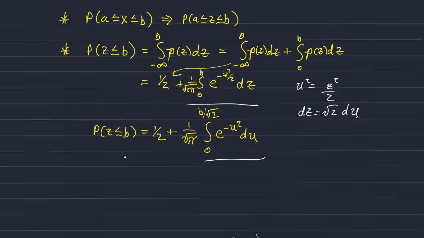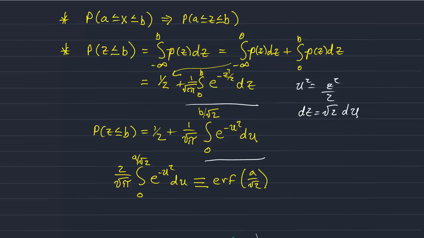It actually calculates this: 2 over the square root of pi times the integral from 0 to a over the square root of 2 of e to the minus u squared du. And that defines the error function of a over the square root of 2.